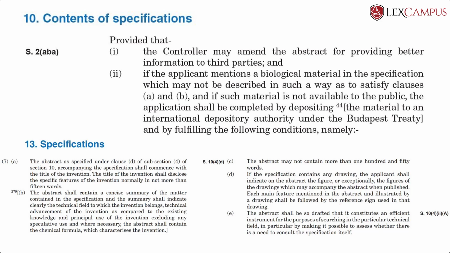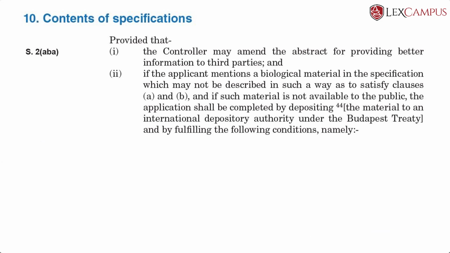So, we can regard the abstract as the part of the patent specification which is searched first, and if the abstract supplies information on a particular field of technology, then the person who is searching may look into the complete specification.